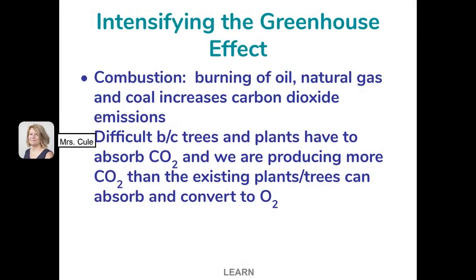Now, there are things that are happening on Earth that are intensifying the greenhouse effect, increasing the amount of carbon dioxide and other greenhouse gases that are in the atmosphere. One of the biggest factors is burning of oil, natural gas, and coal.